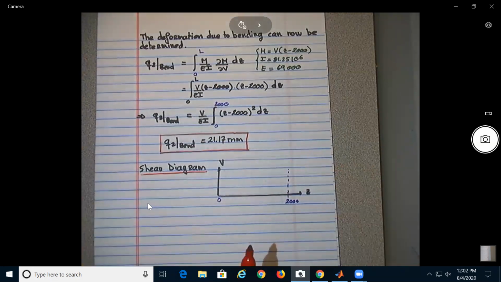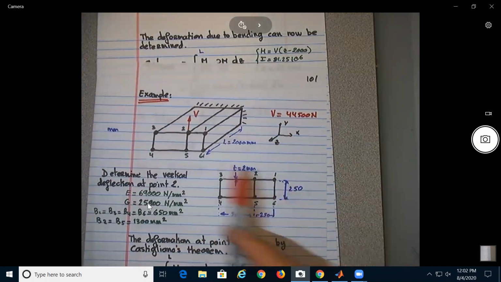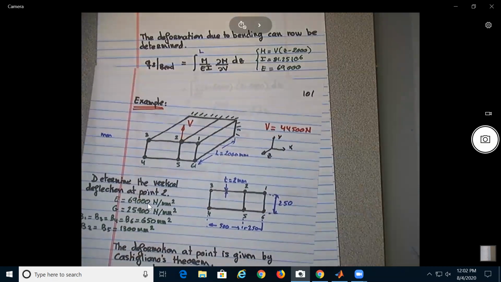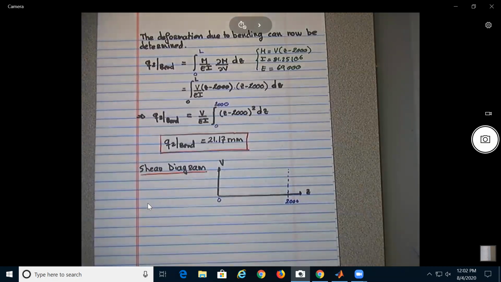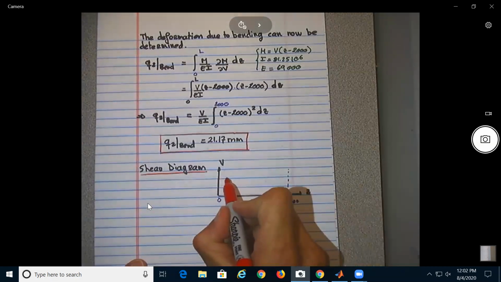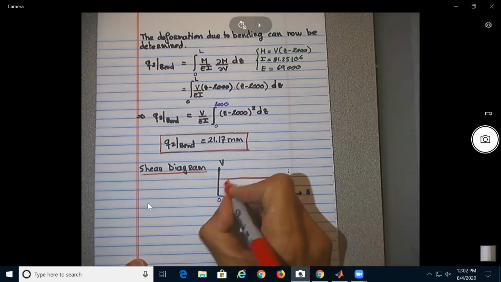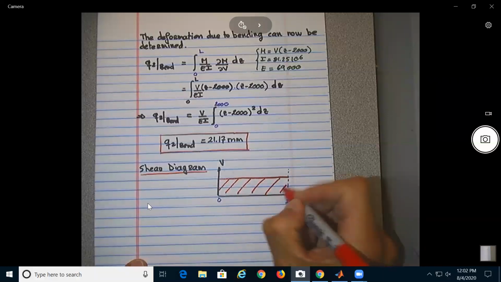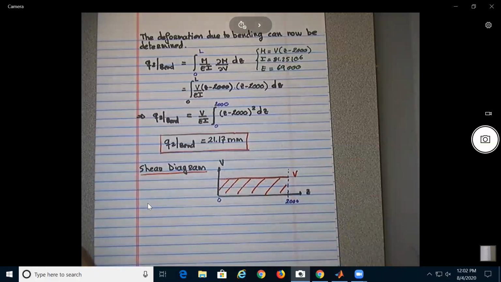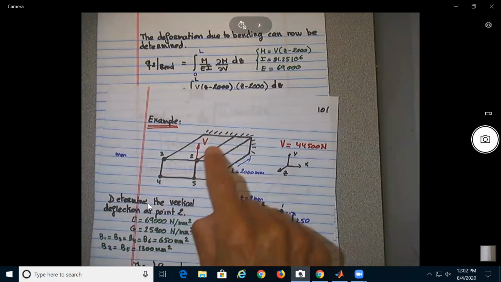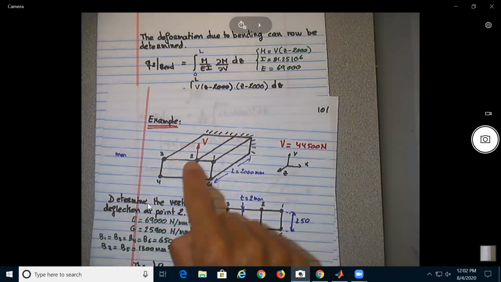What should be the shear diagram? It would just be constant throughout the whole length, no? So the shear force is the same one. So that implies that the shear flow at any cross section, any place along this beam, is going to be the same.